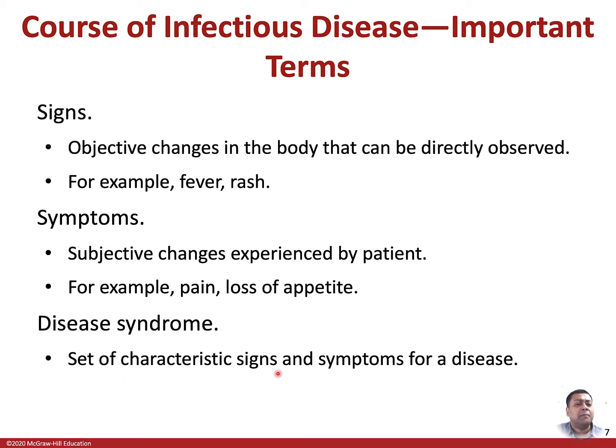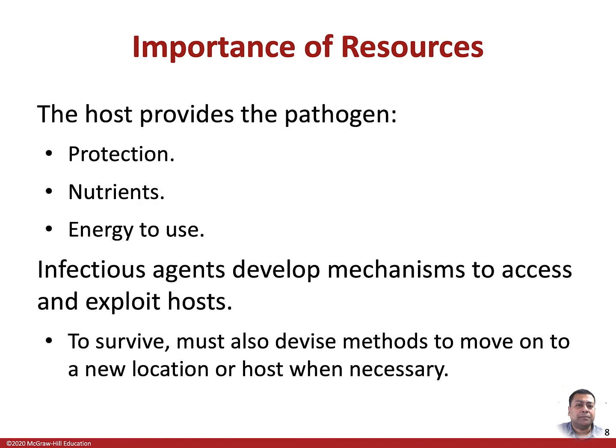For example, with chickenpox, when you have these rashes all over your body, which is very characteristic, you can diagnose that this is chickenpox. In the same way, when you have measles, there is a spot inside your throat, which is known as a Koplik's spot. Those are the characteristic signs and symptoms for some of the diseases.